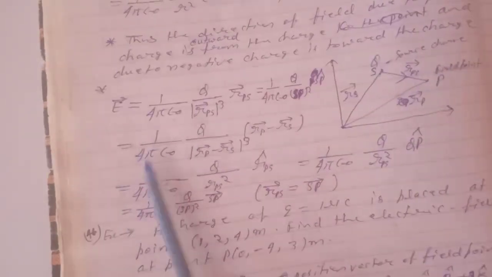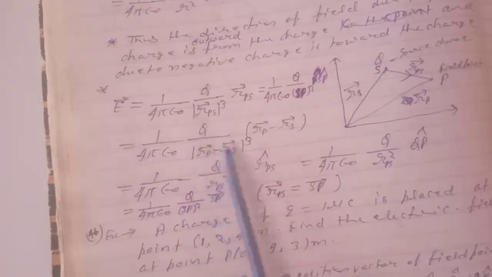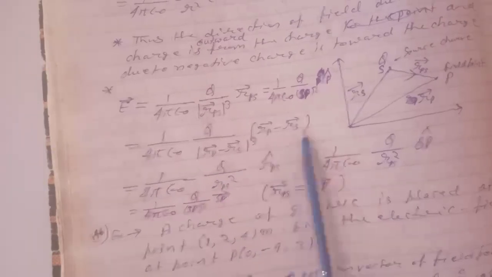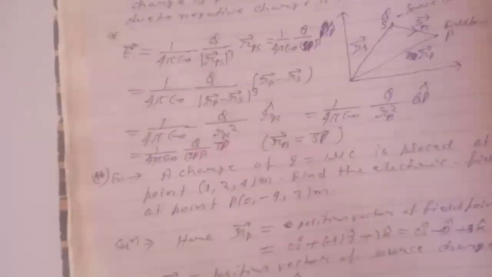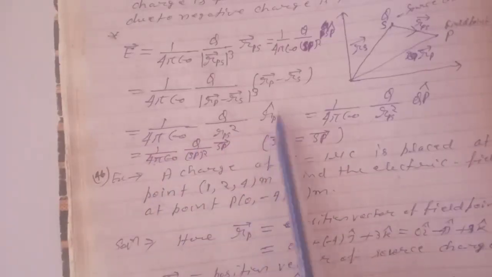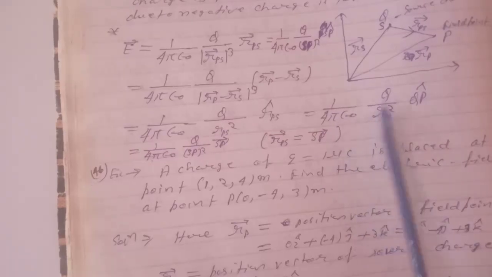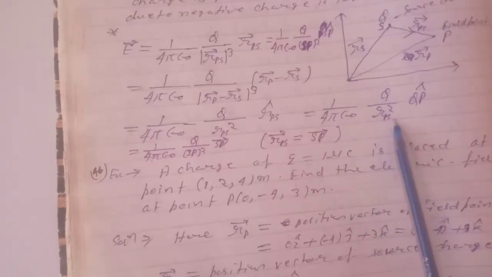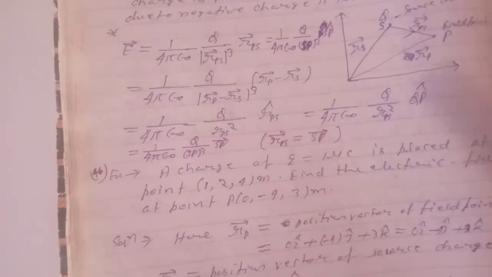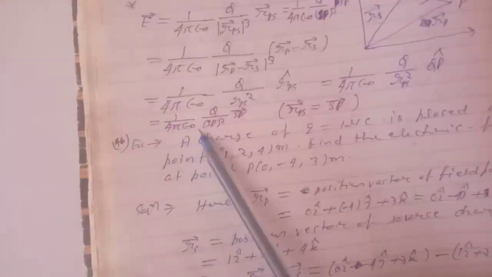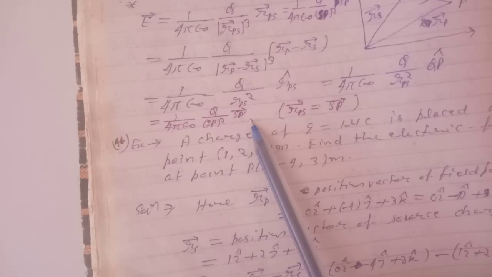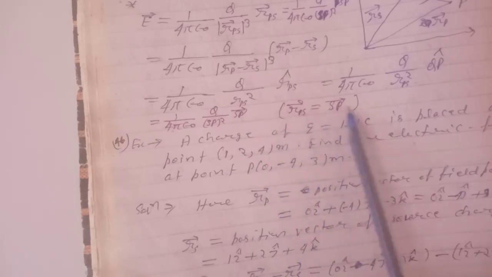Also it can be written as 1/(4πε₀) · q/|rp vector − rs vector|³ into (rp vector − rs vector), or equals 1/(4πε₀) · q/rps² into r̂ps, or 1/(4πε₀) · q/rps² into r̂, or 1/(4πε₀) · q/sp² into sp vector, because rps vector equals sp vector.